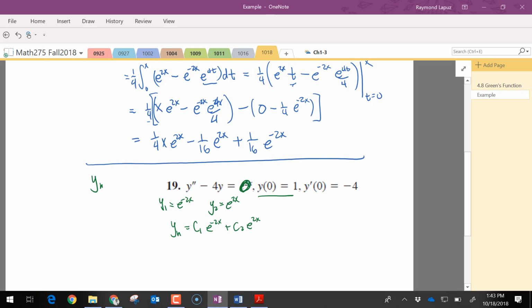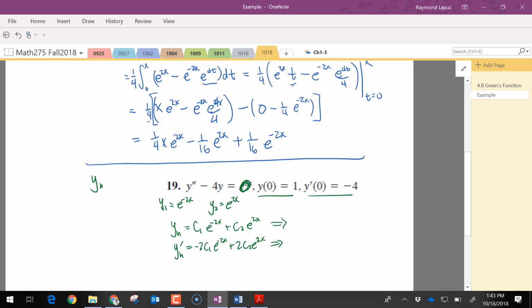And so we want to use these initial conditions for that. Y sub h prime, the derivative, is negative 2C1 e to the negative 2x plus 2C2 e to the positive 2x.